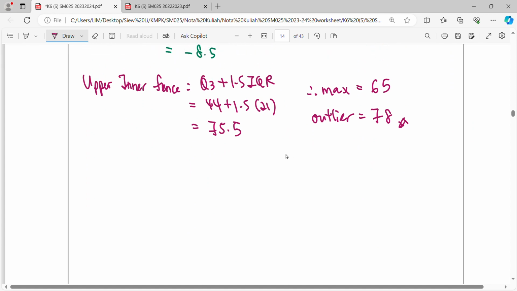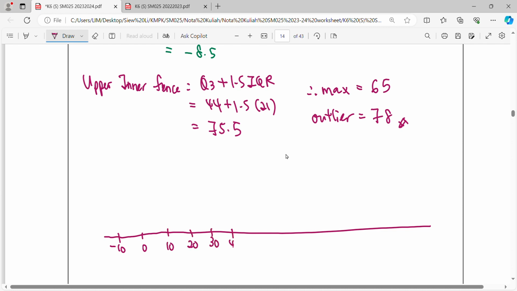Alright, so you have to draw in the scale. You cannot just draw without scale. Understand? That means negative 10, 1 cm, 0, 10, 20, 30, 40, 50, 60, 70, 80, enough.